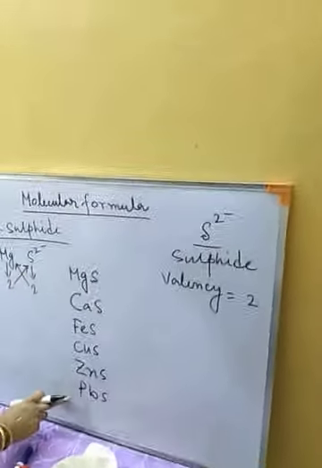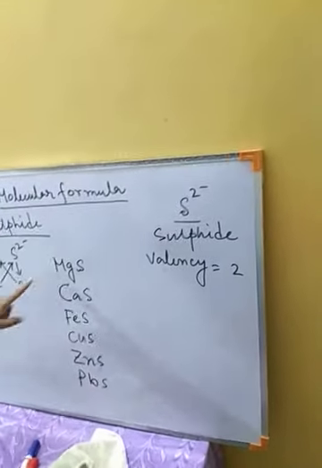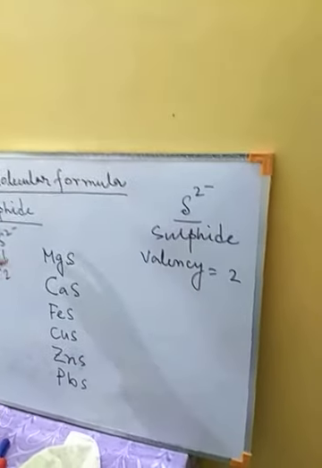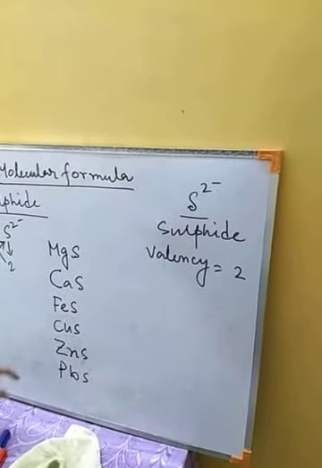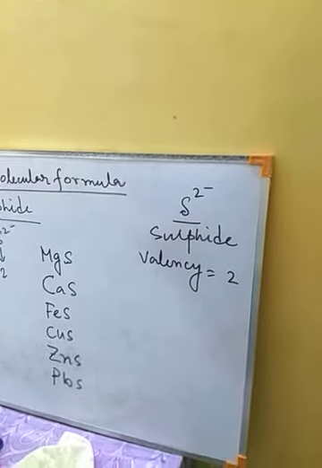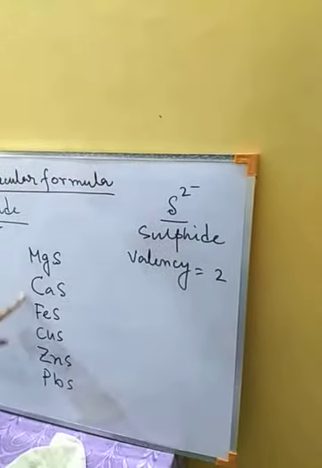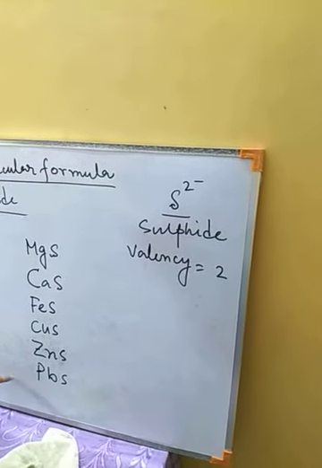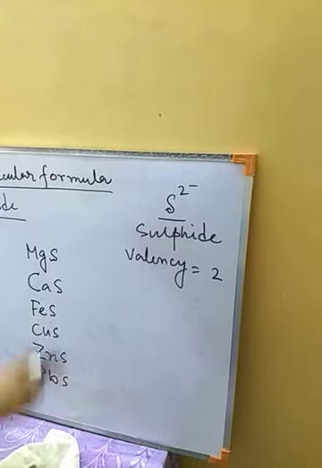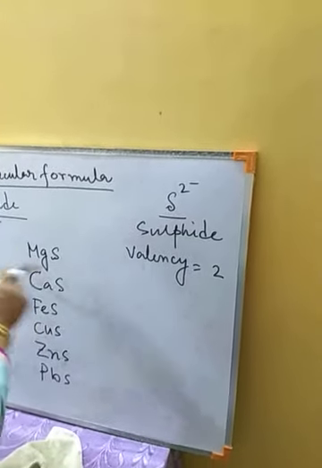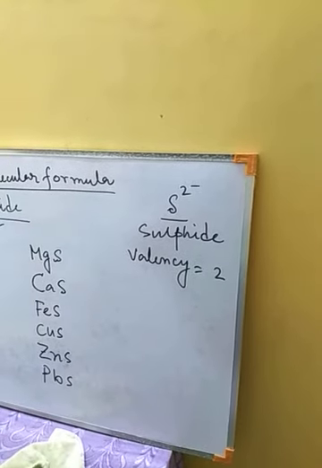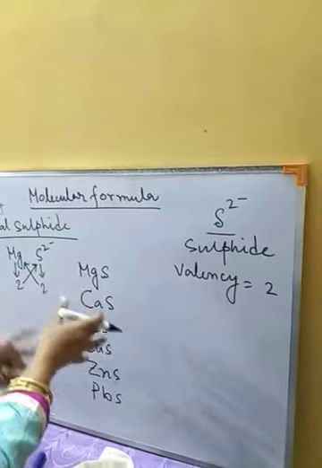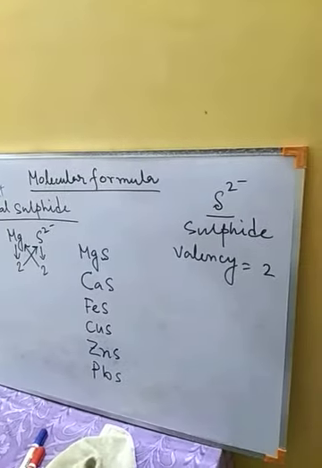All these metals are the ones in the book, so we are going to read only these sulfides. Magnesium, calcium, iron, copper, zinc and lead all have valency 2 here. That's why it's very easy to write the formula side by side for these metallic sulfides, as both the sulfide radical and the metal have the same valency.